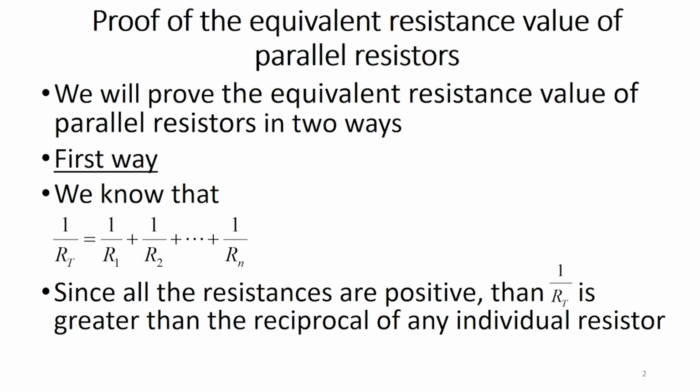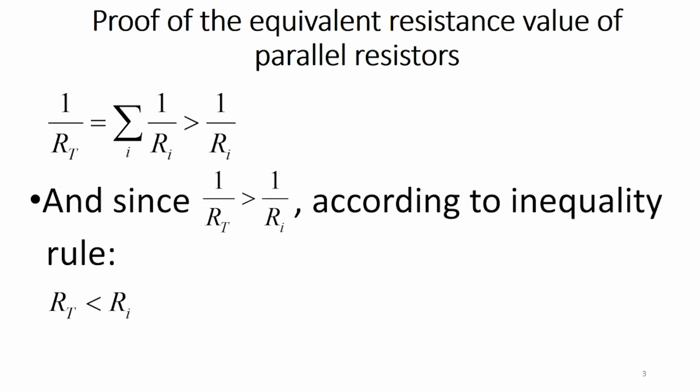First way, we know that 1 over RT equals 1 over R1 plus 1 over R2 plus ... plus 1 over Rn. Since all the resistances are positive, 1 over RT is greater than the reciprocal of any individual resistor. 1 over RT equals the sum of 1 over Ri, where i is the index that is changed from 1 to n.